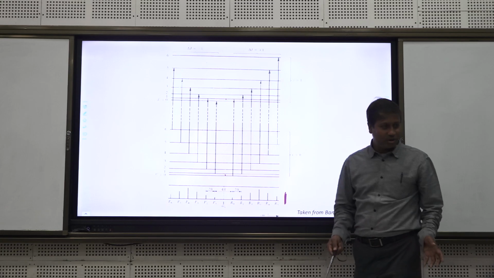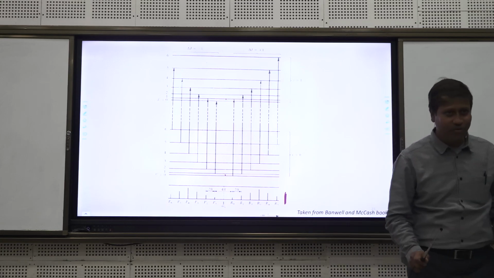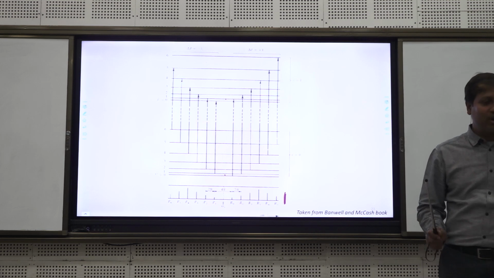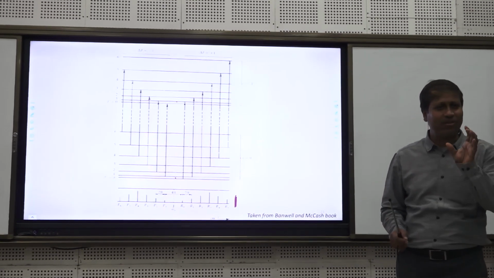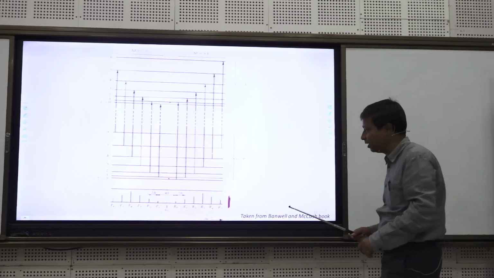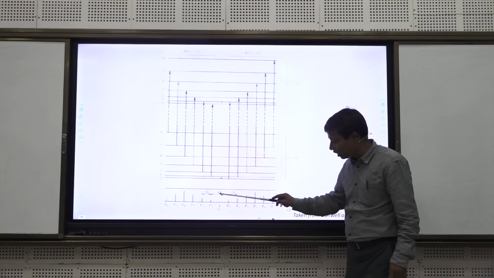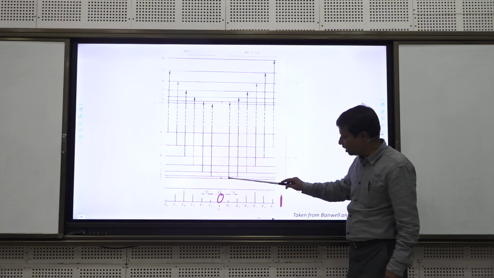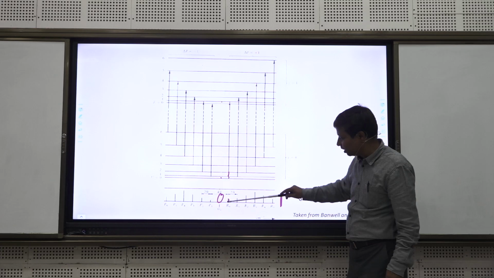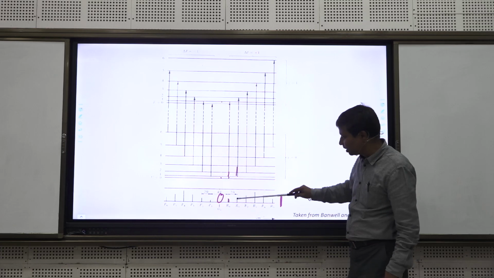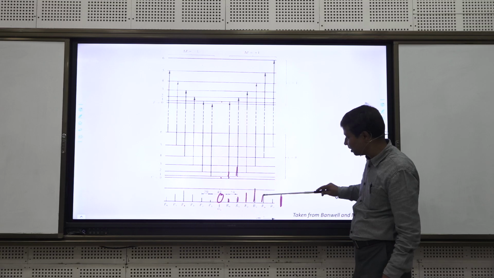The rule delta J equals 0 usually does not happen, because whenever there is a change in delta v, delta J must change, except in some specific cases like nitrous oxide. So this center band is not there. Now this transition appears here, this one appears here, and this one appears here.